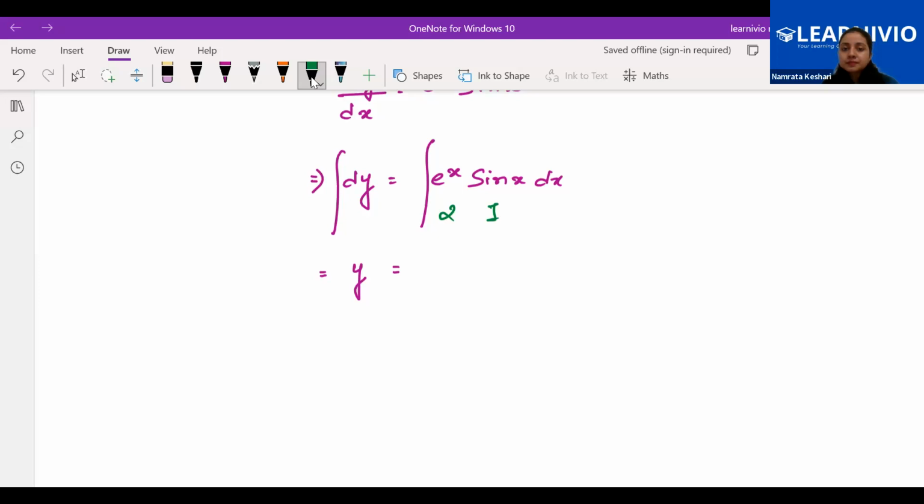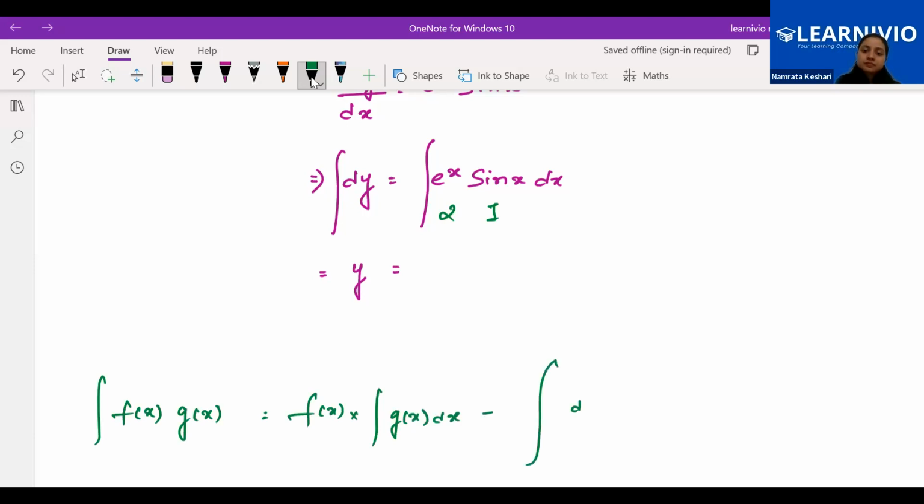Integration of f of x g of x is equal to f of x into integral of g x dx minus integral of f dash x and integral of g x dx. Exactly. Like this.